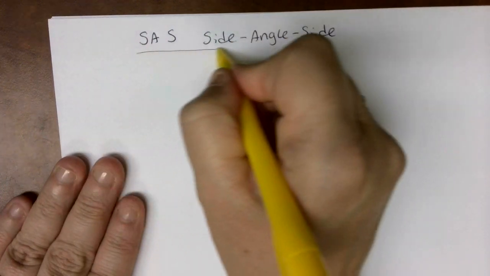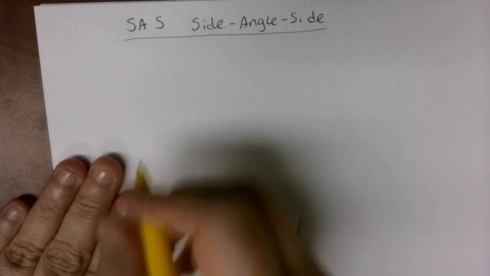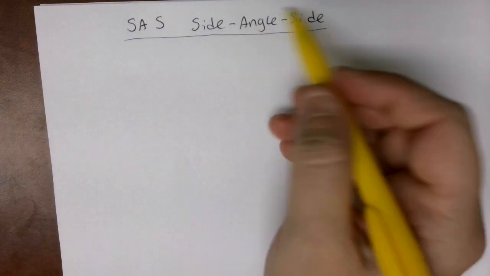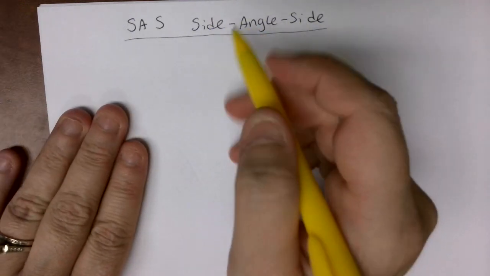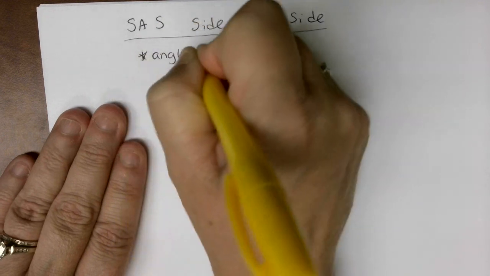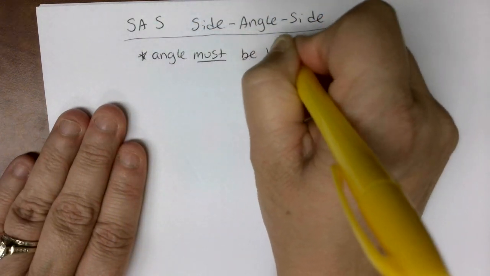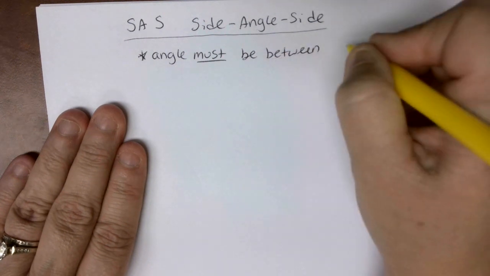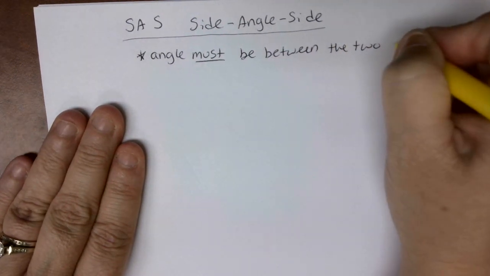This is the last similarity for triangles. Now, for this one, you have to make sure you're careful. It's not just any two random sides and an angle. The angle has to be between the two sides. So the angle must be between the two known sides.